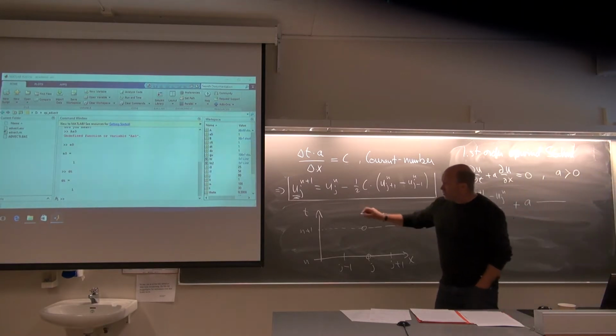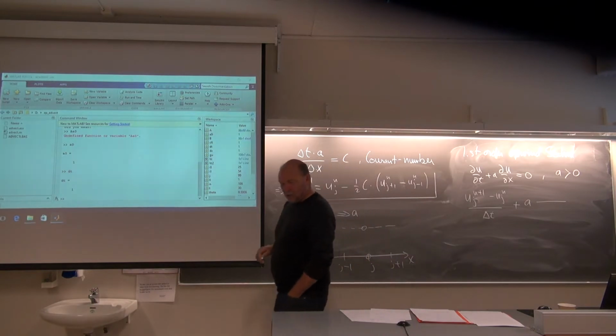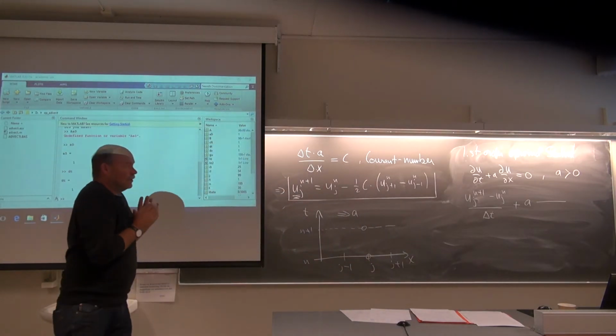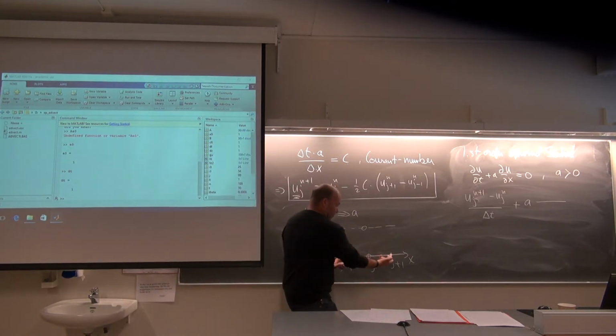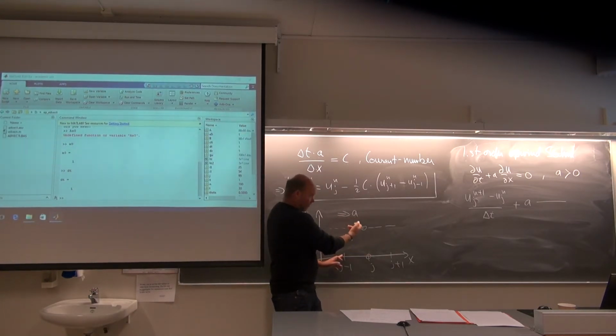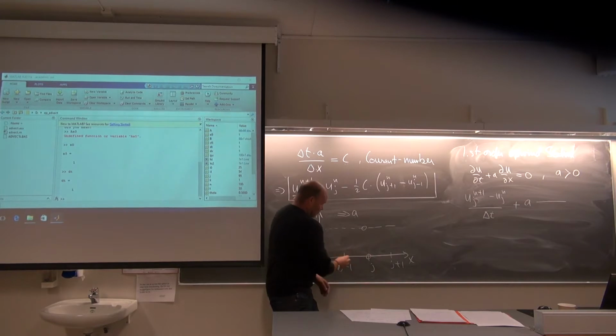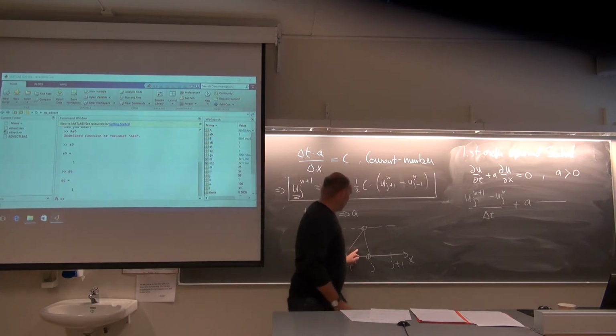The information is traveling in this direction with the velocity a. So when I now create a derivative, I don't use a central scheme. I don't use these two. I take the one upwind, upstream. I use these two only. So now my discretization star will look something like this.